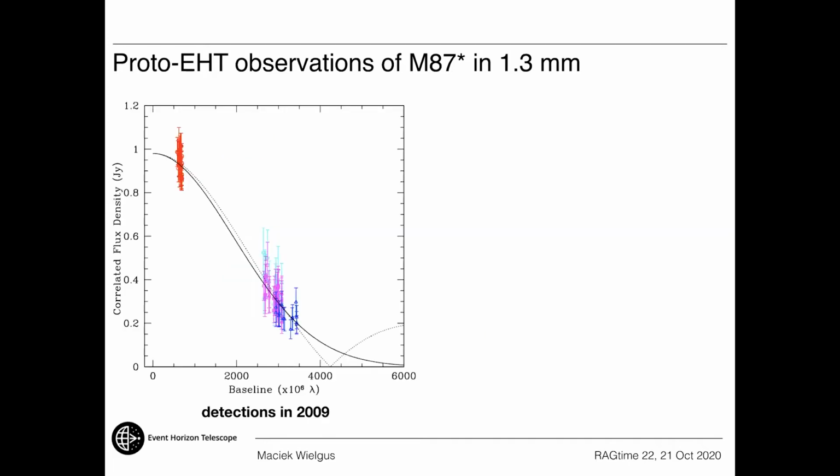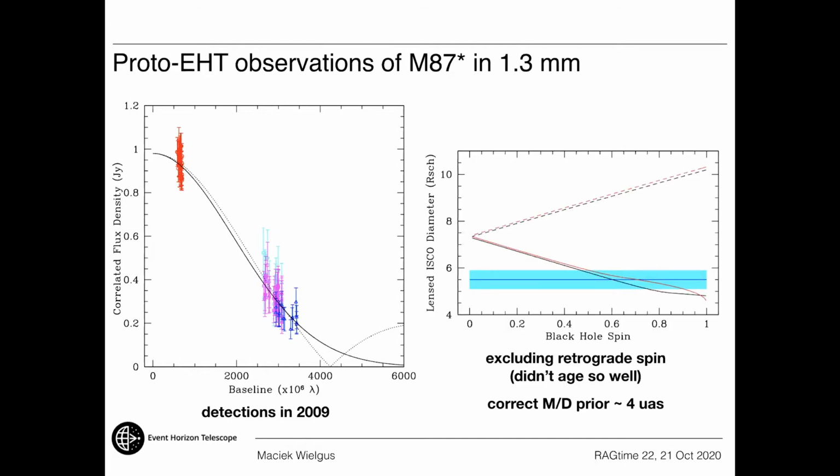But of course, there's not much of this structure. The continuous line is the fitted Gaussian blob, and the dashed line is the fitted ring. Based on this observation, a claim was made in 2012 that excluded retrograde spin, because it compared the size of the object in the sky to what the ISCO of retrograde accretion would look like.